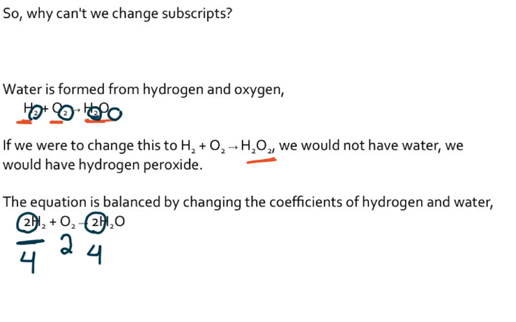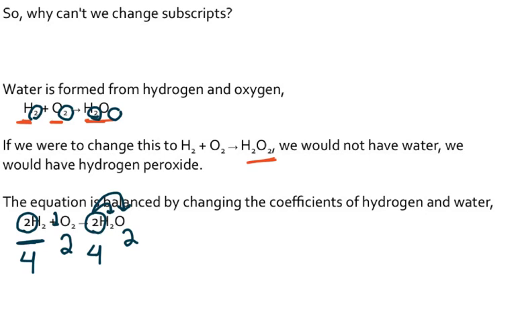O2, we have 2 oxygen atoms on the left, and this 2 coefficient on the right also applies to not only the hydrogen but the oxygen. So it means we also have 2 oxygen atoms on the right. There is also understood to be a 1 coefficient on the oxygen, just so that we have that all balanced.